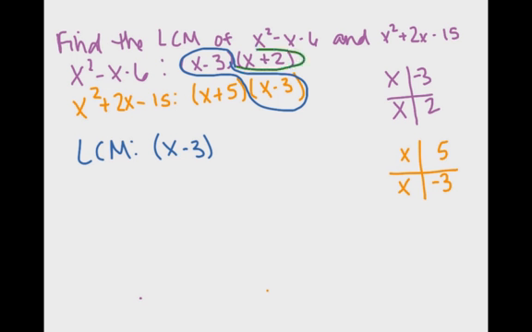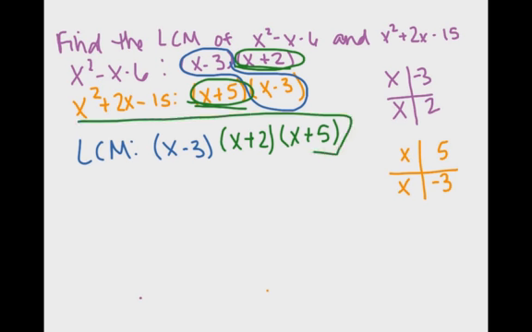So in here we have x plus 2 and x plus 5. Our least common multiple is going to be x minus 3 because that's what they have in common, and then you multiply by what is left, and we have x plus 2 in the first and x plus 5 in the second.